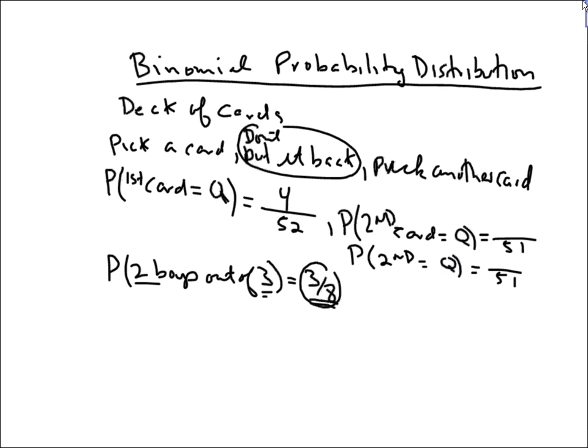We took a card and we did not put it back. Well, if the card that we took and did not put back was a queen, now there's only 3 queens left over. If the card that we picked was not a queen, then there's 4 queens left over. In either case, none of these results are 4 over 52. The probability changed. That will not be a binomial problem.